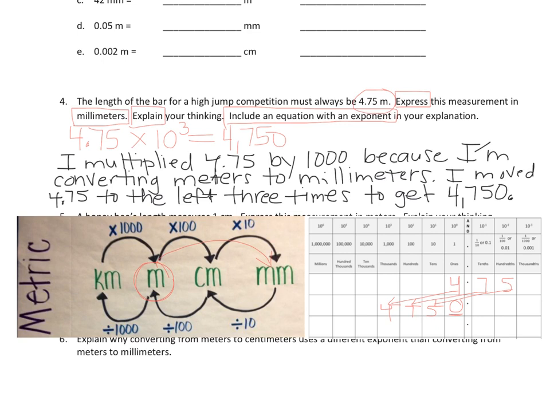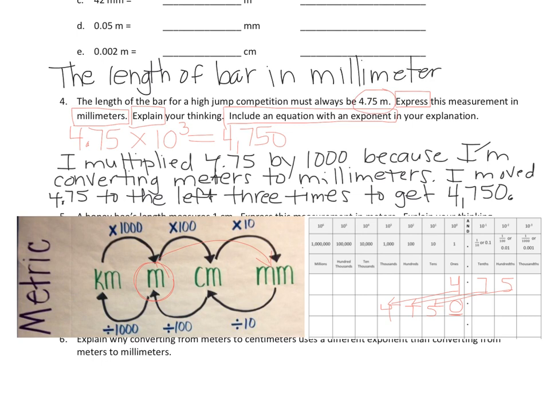So I'm going to write the sentence out showing that the answer is 4,750 millimeters. So I'm just going to write a shortened sentence, but I'm going to include all the important information. The length of the bar in millimeters, because they want us to show the measurement in millimeters.